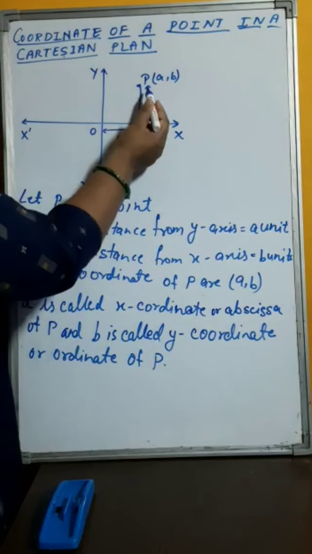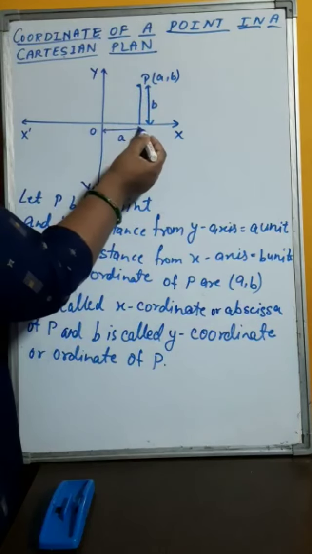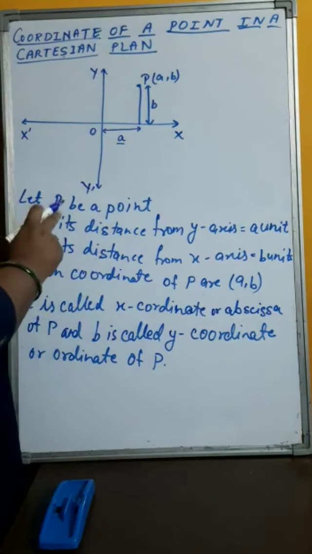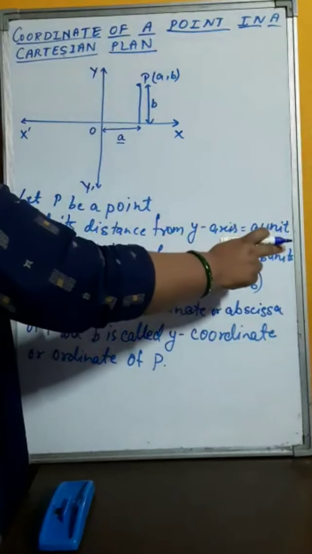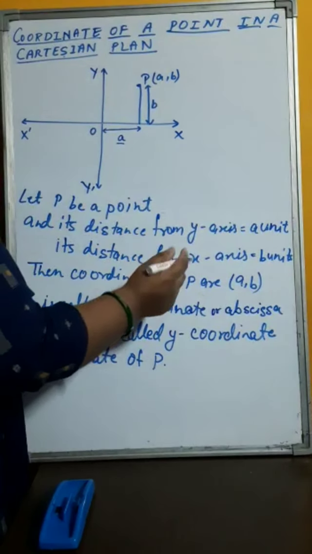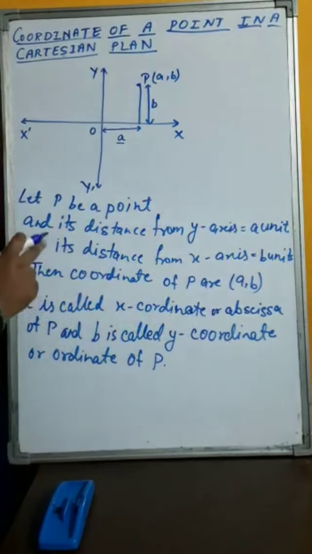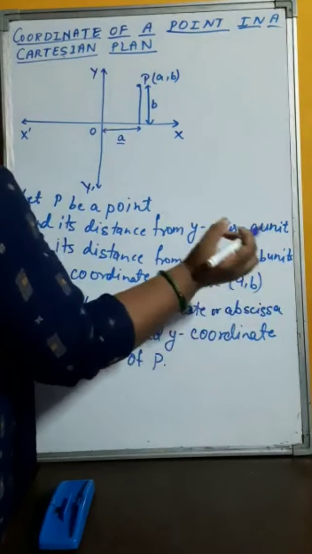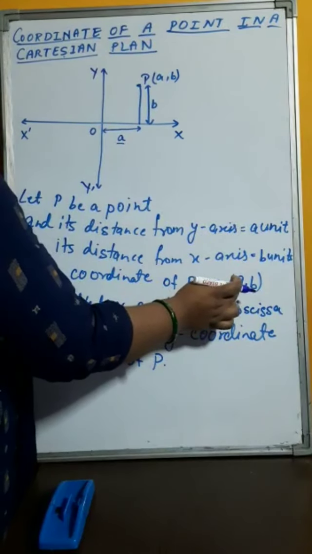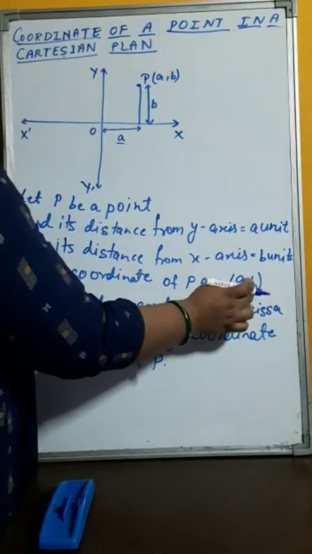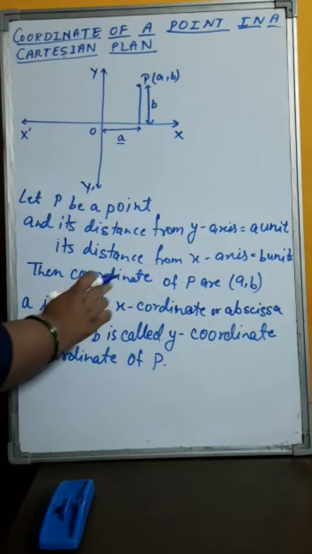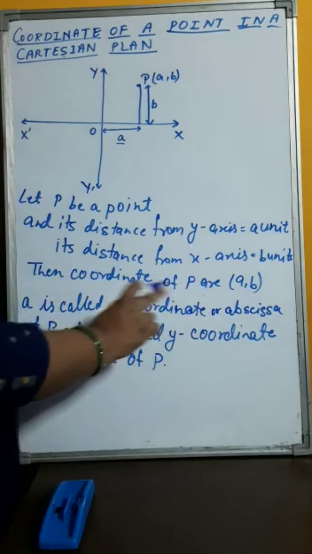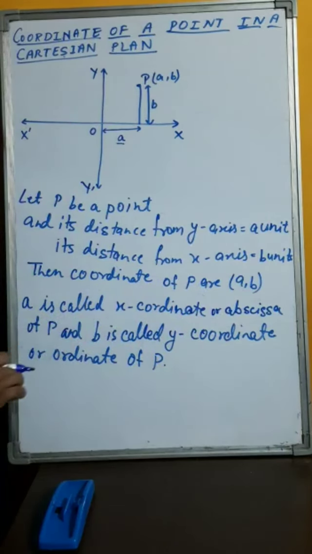You can see from here to here the distance is b and from here to here the distance is a. So P is a point whose distance from the y-axis is a units and from the x-axis is b units, so the coordinates of P are (a, b). It is written in the form of an ordered pair. The first place is for x and the second place is for y. a is called the x coordinate or abscissa of P and b is called the y coordinate or ordinate of P.